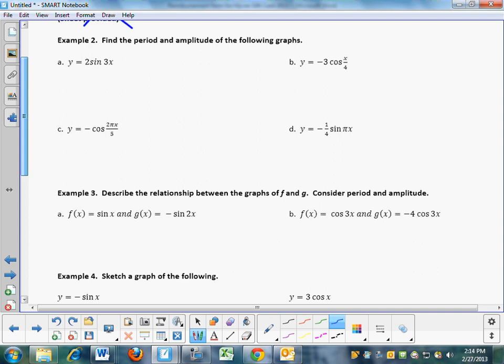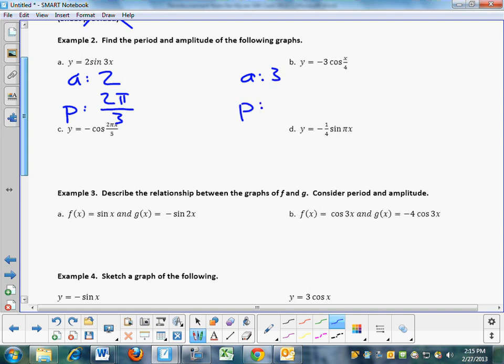2 sine of 3x. What is the amplitude? 2. What's the period? 2 pi over 3. Easy peasy. Amplitude, how about this one? 3, absolute value, so positive 3.